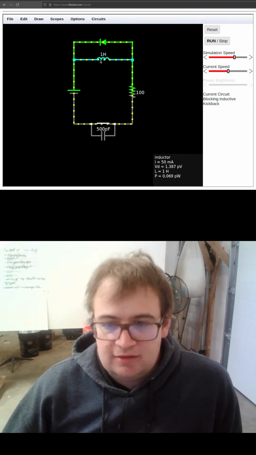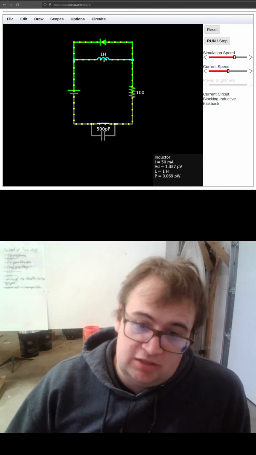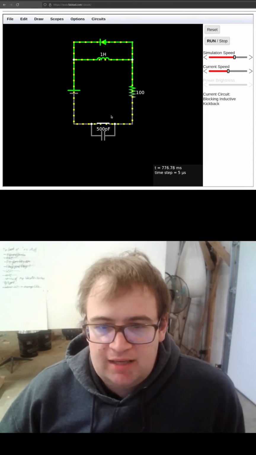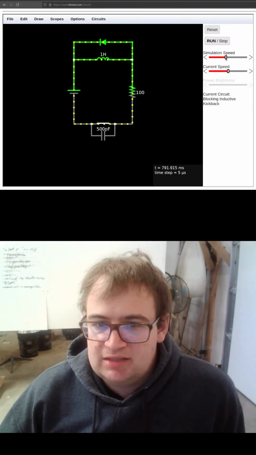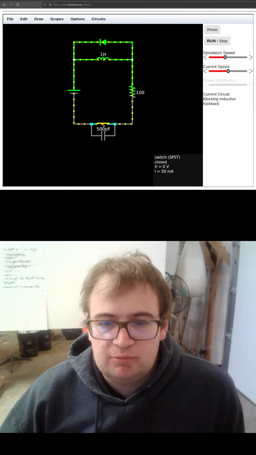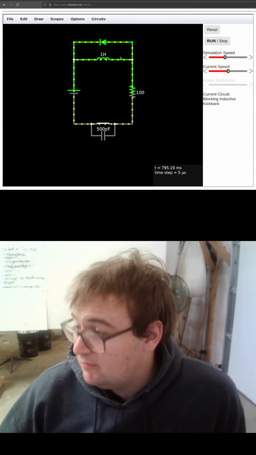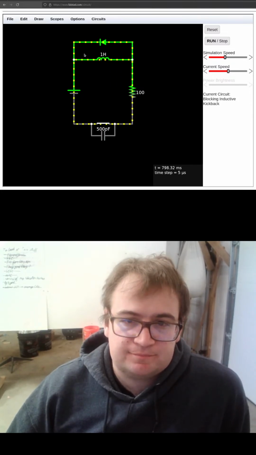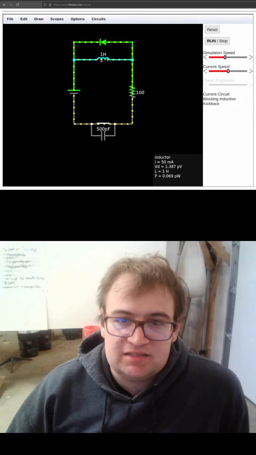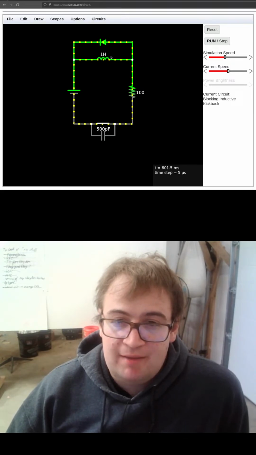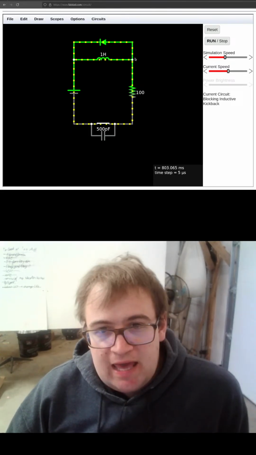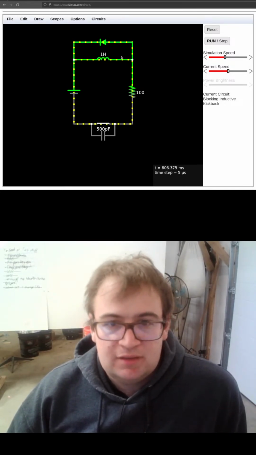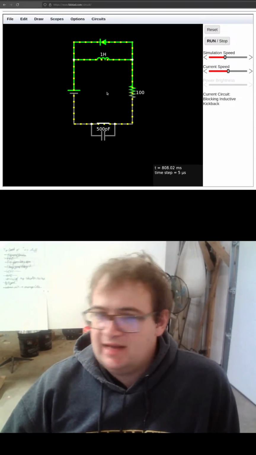This inductor is obviously fully charged now. Let's see. I'll slow down the simulation speed again, just so we can watch it more. What I think will happen when I flick this switch around is that you will see the voltage across this ramp way up again, and it will end up conducting this way to supply its own current again.